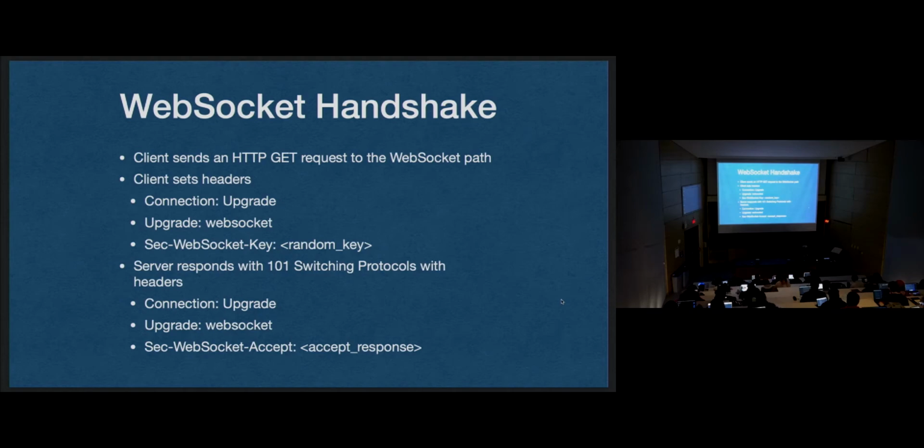Whenever you get data, you'll have to check: is this one of my connections that I marked as a WebSocket connection? If so, then make sure that you parse that as a WebSocket frame and not as an HTTP request. Don't run your HTTP request code when you're getting bytes over a WebSocket connection.